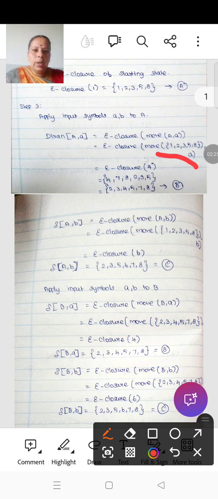That is, the epsilon closure of move of A with the input symbol a. For this we get the epsilon closure of the move result. The epsilon closure is 2, 3, 4, 5, 7 and 8, which is a new state marked as B. So we have completed the transition using small a. Now we proceed with the transition using small b.